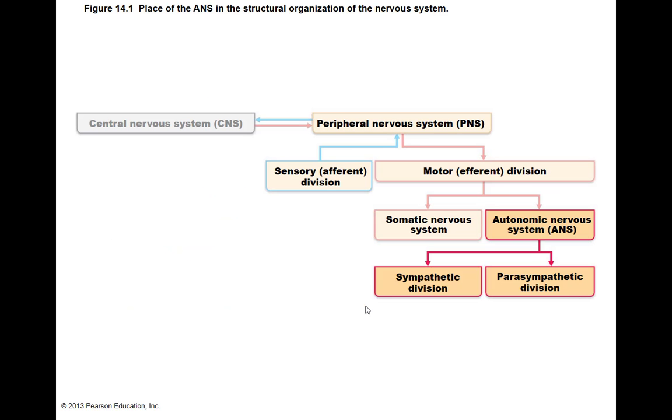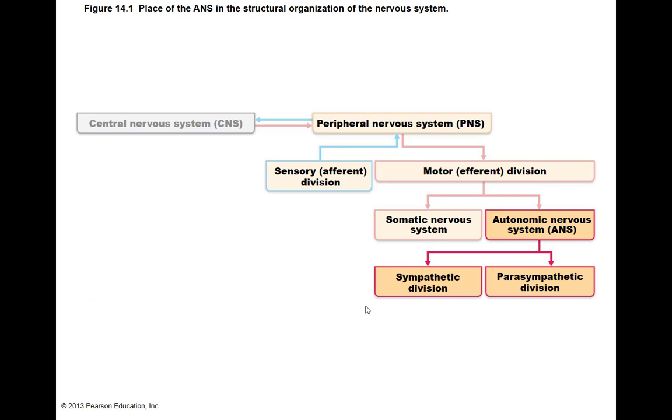Back to our divisions of the nervous system. There was the central nervous system. What does the central nervous system consist of? Brain and spinal cord, yep. Then you had the peripheral nervous system, so all the nerves. Information goes in, information comes out, sensory, motor. The motor division has your somatic nervous system and your autonomic nervous system.